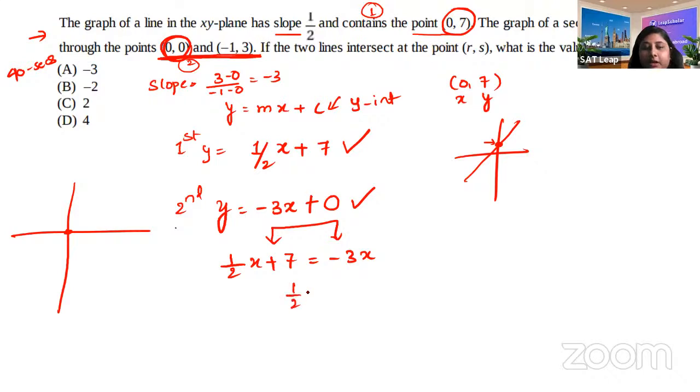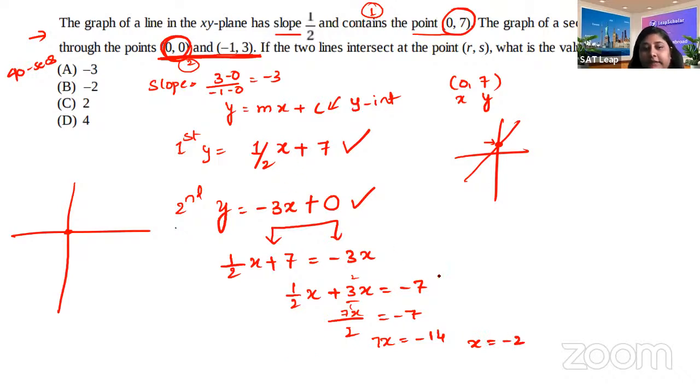Can anyone quickly tell me? Half x plus 3x equal to minus 7. What is going to be the x value? 7x by 2 is equal to minus 7. 7x is equal to minus 14. X is equal to minus 2.